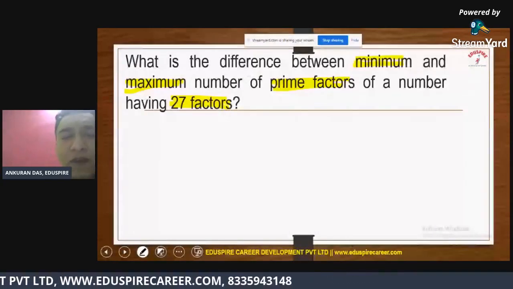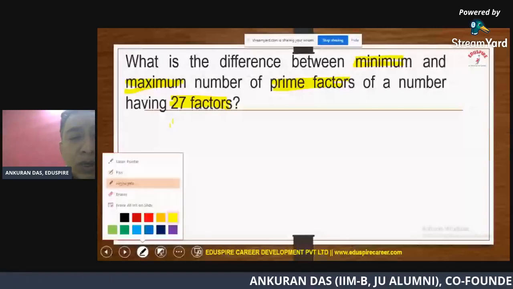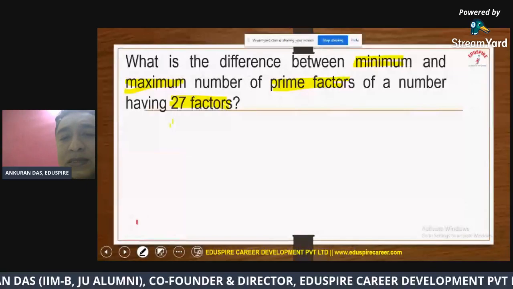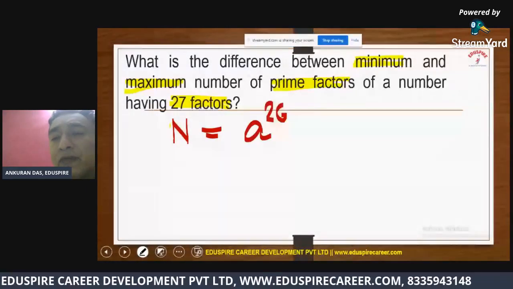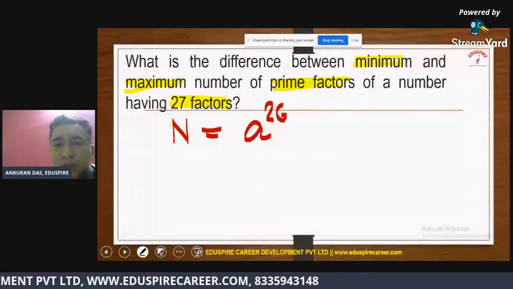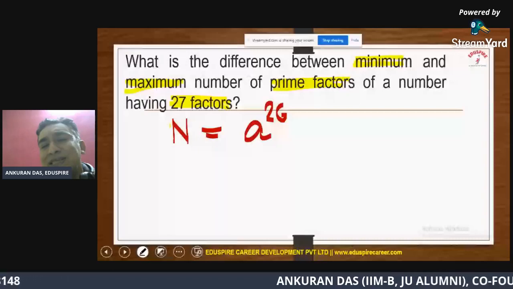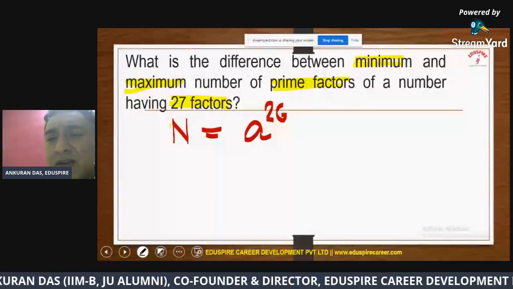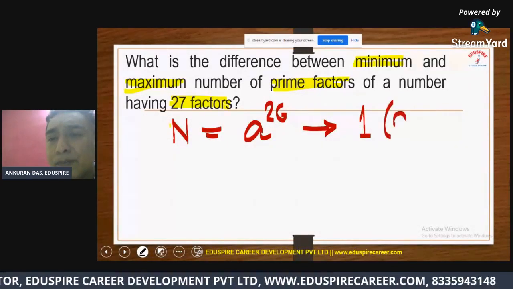If I consider a number n, can I look at a number as a to the power 26, where of course a is prime? So how many factors will it have? Of course it will have 26 plus 1, which is 27 factors, right? Now how many prime factors does it have? Only one prime factor, that is a itself.